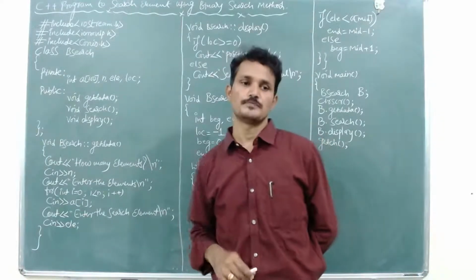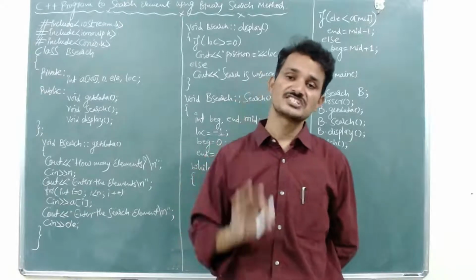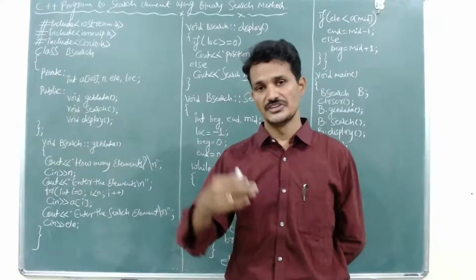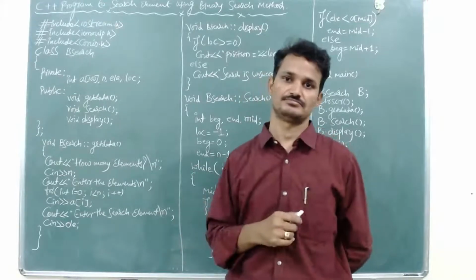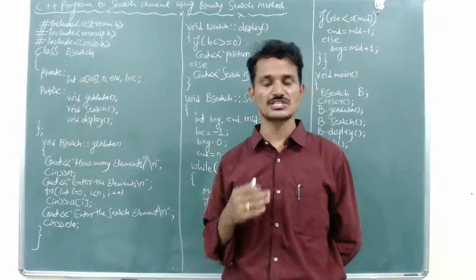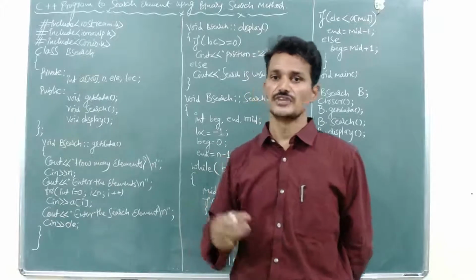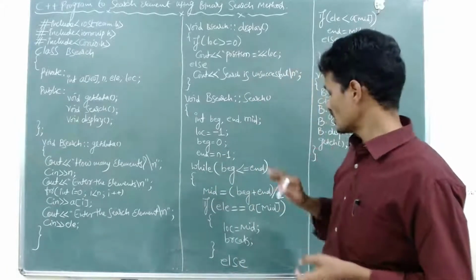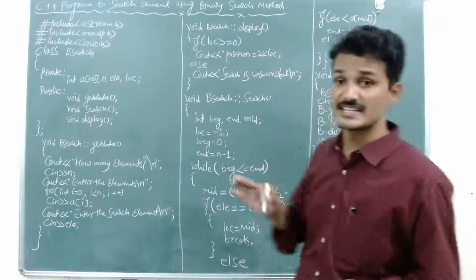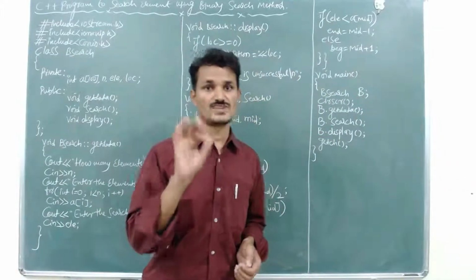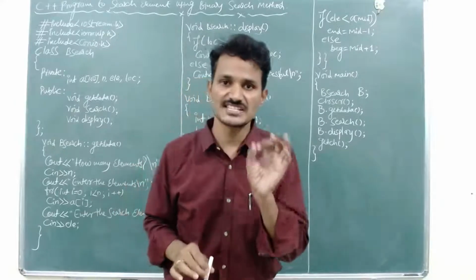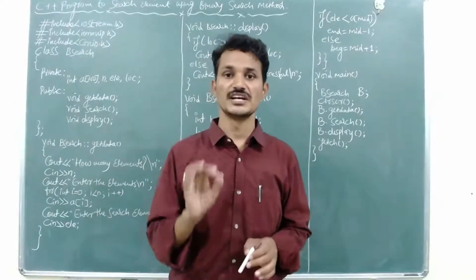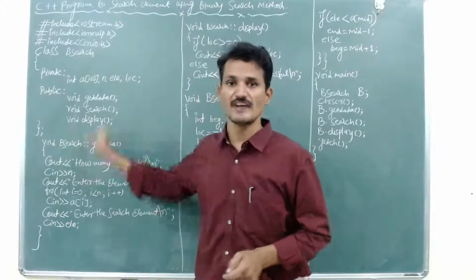Moving to the next one. If the searching element is not present in the middle element, then we check a condition: if the searching element is less than the middle element, then continue towards the left half of the array.